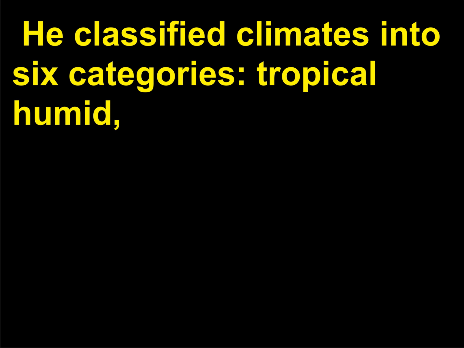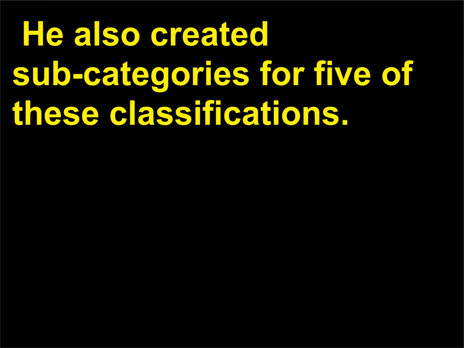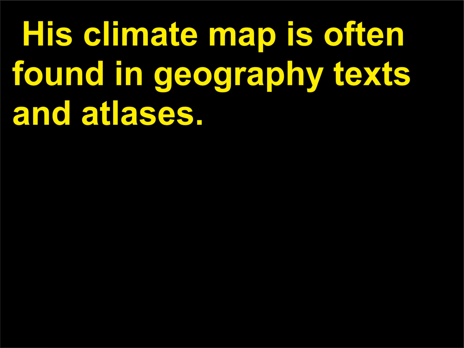He classified climates into 6 categories: tropical humid, dry, mid-latitude, severe mid-latitude, polar, and highland. He also created subcategories for 5 of these classifications. His climate map is often found in geography texts and atlases.